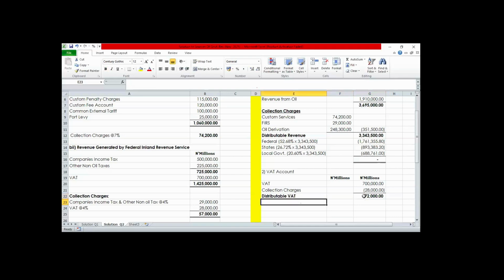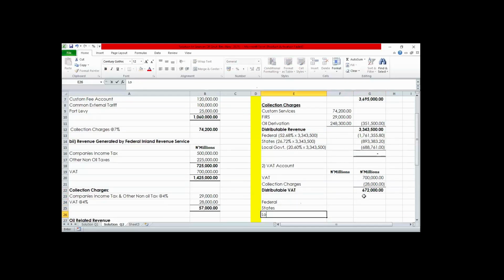Now, here we have federal, state, local government. Now, for VAT, federal is meant to collect what? 15%. 15% times 672,000.